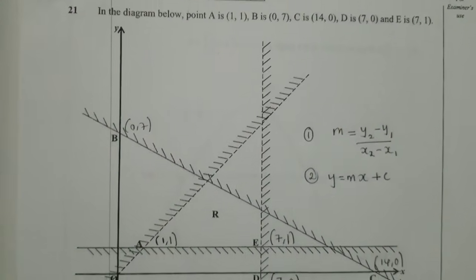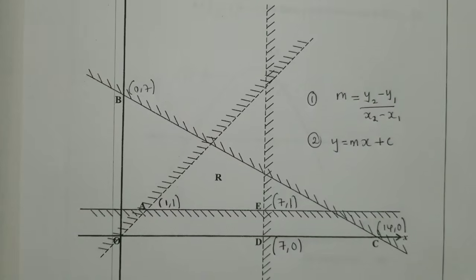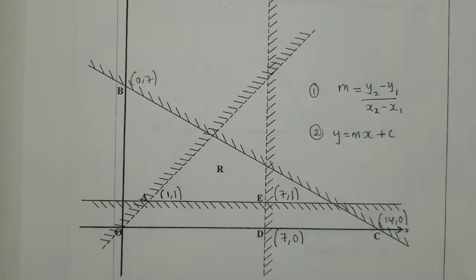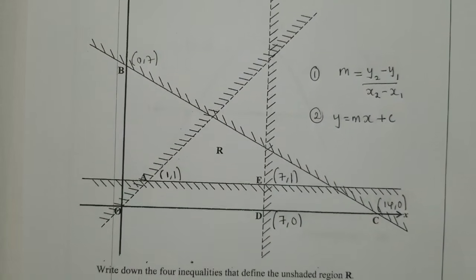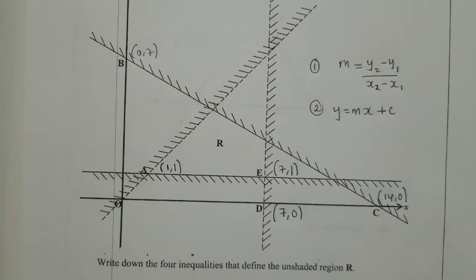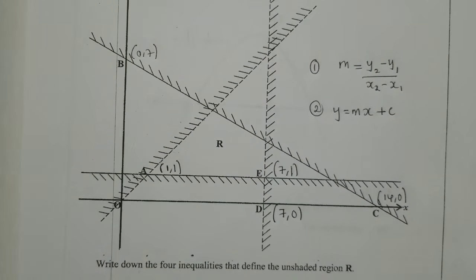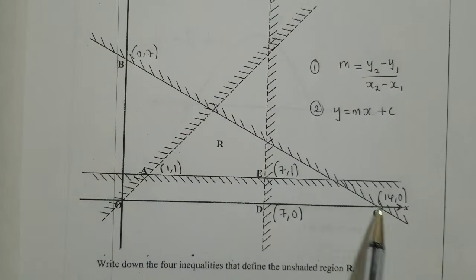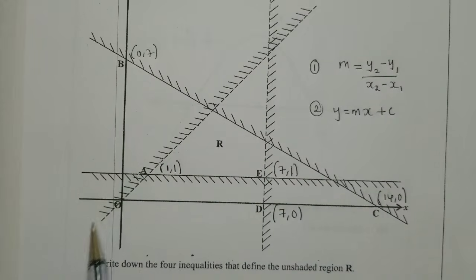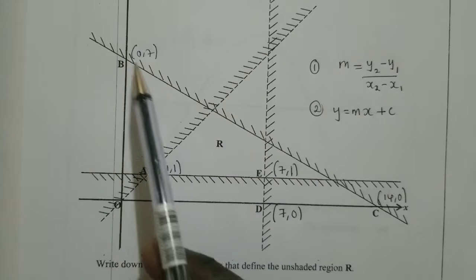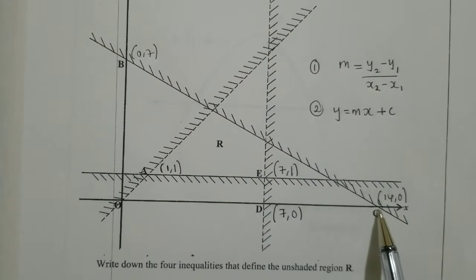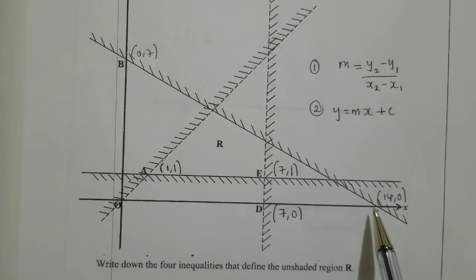So upon getting these formulas, we now take the coordinates and identify the inequalities. If you are able to see nicely, we've got this one here, and this one. You first check if you have a line that is cutting two axes, the y-axis at B and the x-axis at C here.